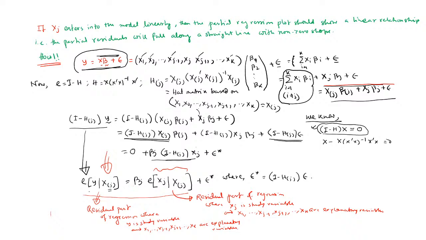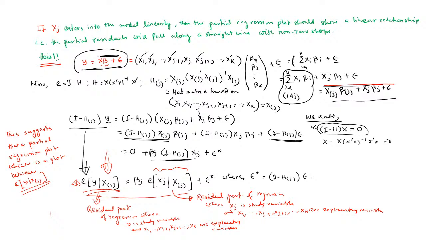So from this mathematical argument, this suggests that a partial regression plot, which is a plot between the residual of y given xj and the residual of xj given the other x, means in residual there is a, please think deeply, what do you mean by the residual of y given xj.